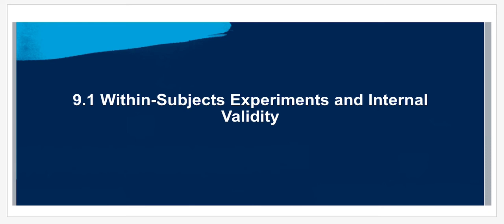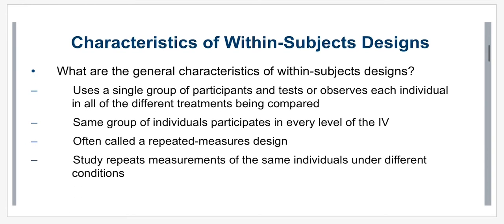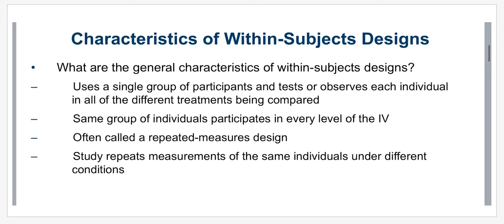So remember, between subjects design was where we had separate participants in each group, right? So we tested this group of participants over here, and then in the second group, we tested a completely different group of participants. They were different people, right? Well, a within subjects design is that we are using a single group of participants, and we are testing them in both conditions, or we're getting scores from them in both conditions.